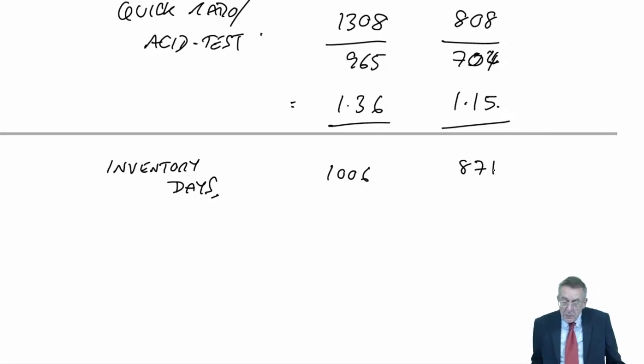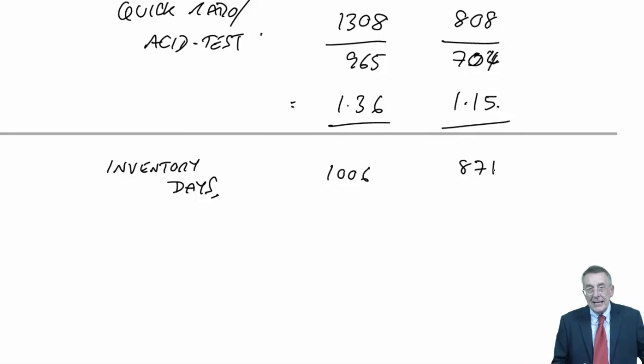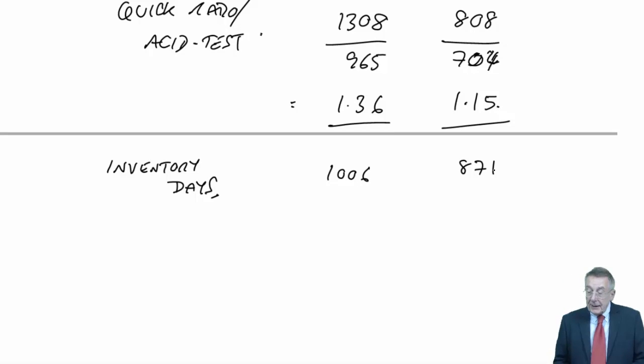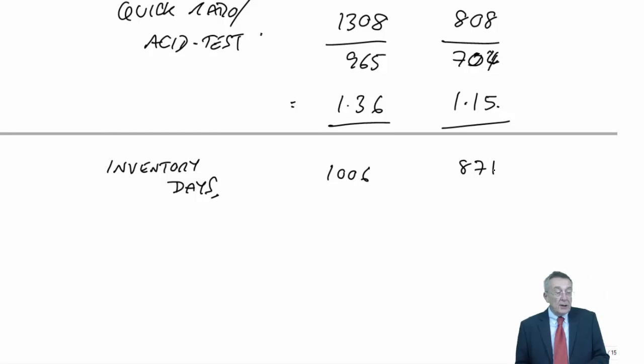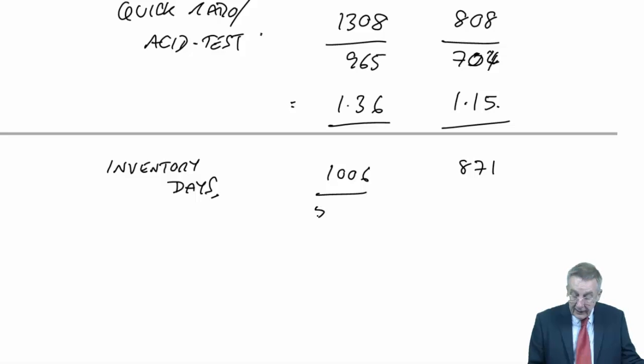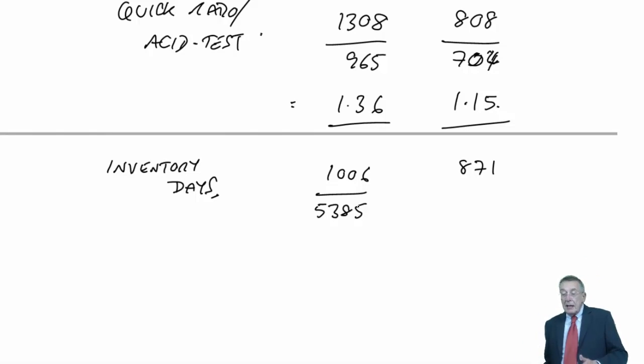But that doesn't mean too much. What would be interesting to know is how many days will my inventory last for? How many days of inventory am I actually holding? So you can see there, if we divide by the cost of sales, from the income statement, the cost of sales this year is 5385. So it would appear that we need 5,000 for the year.